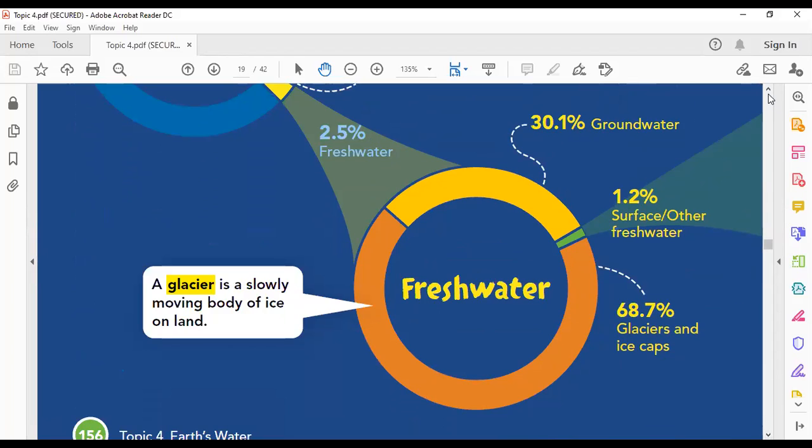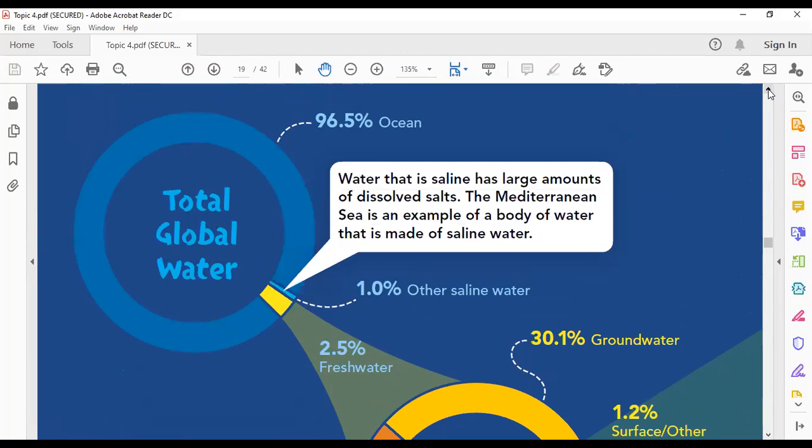Let's read this caption. Water that is saline. Please add this word to your dictionary. The word saline means salty.